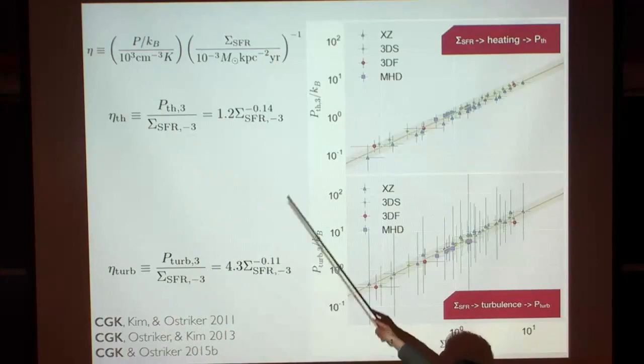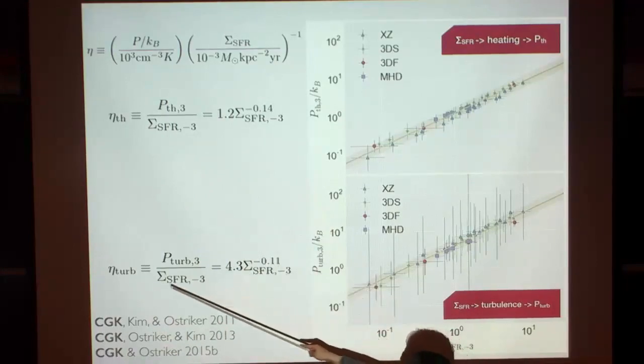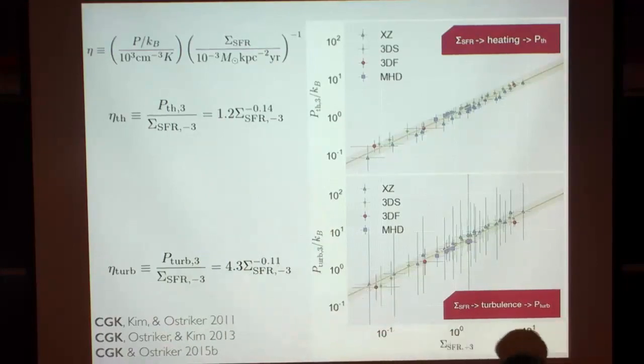And this tells us that the turbulent support from this star formation feedback is about 3 times more efficient than the thermal feedback.